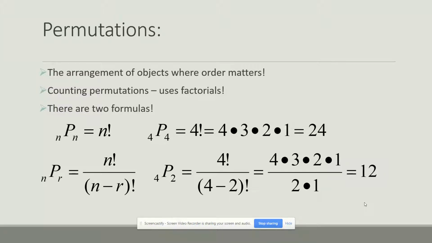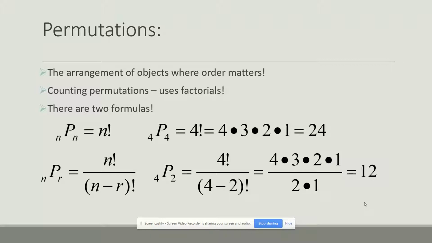For example, if there are 7 of us running for class officers of president, vice president, and secretary, how many ways can 7 of us be voted in for each seat?